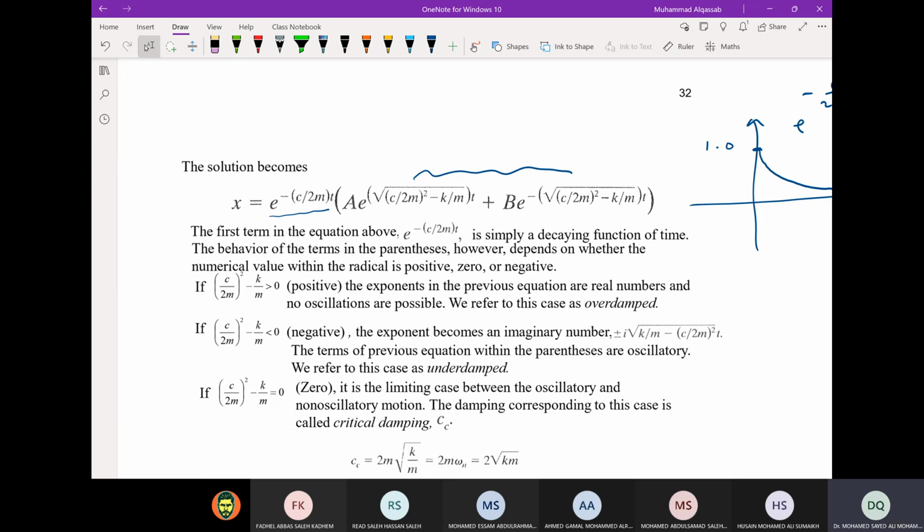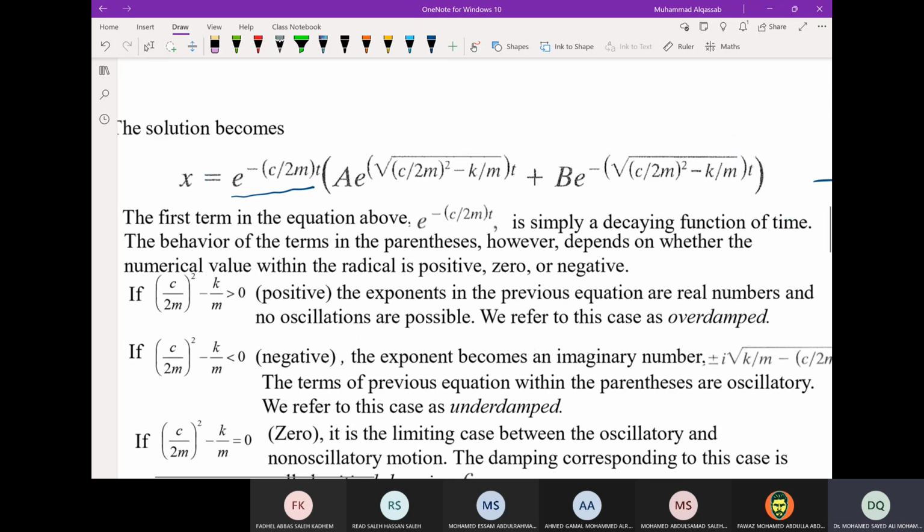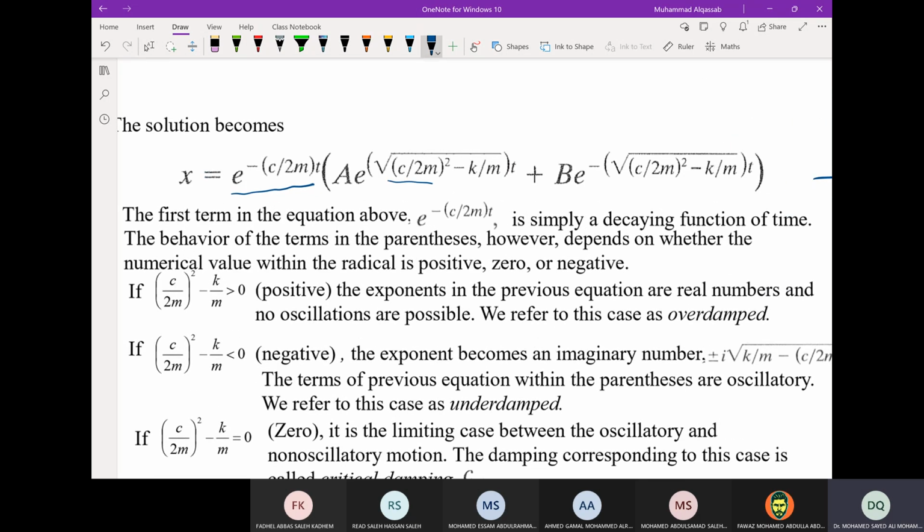The behavior of the oscillations is determined from the radical, the value inside the square root: (c over 2m) squared minus k over m. Because of the minus in between the two, there are three possibilities.